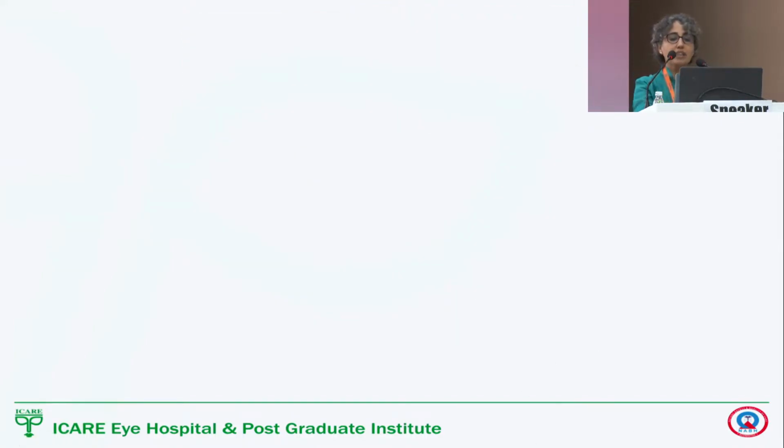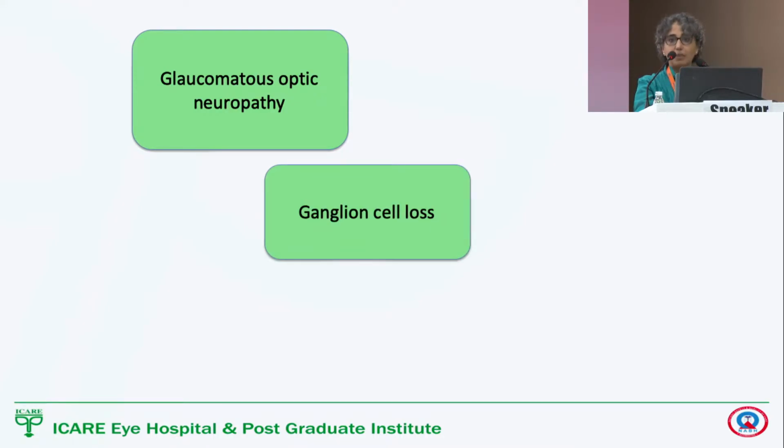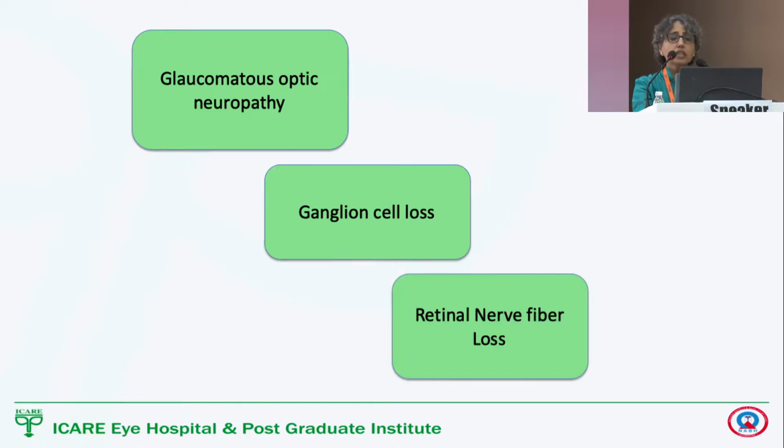We also understand that glaucoma is defined as basically chronic optic neuropathy, where the basic problem lies at the death of the ganglion cells, which eventually leads to the retinal nerve fiber layer loss, which of course corresponds to the functional loss, the field defects that we will see in the testing.